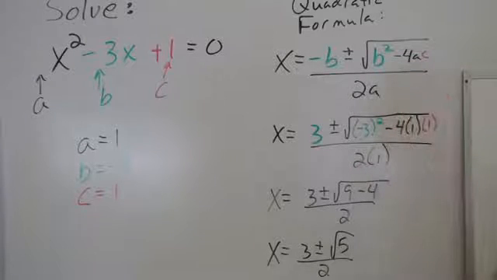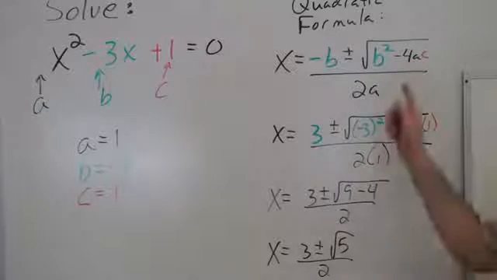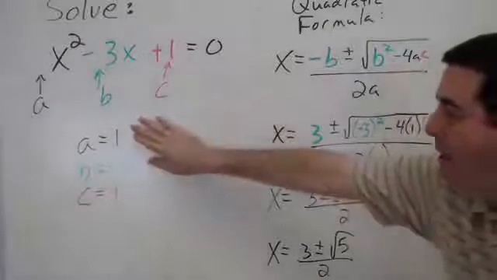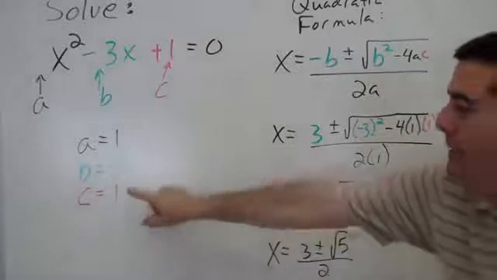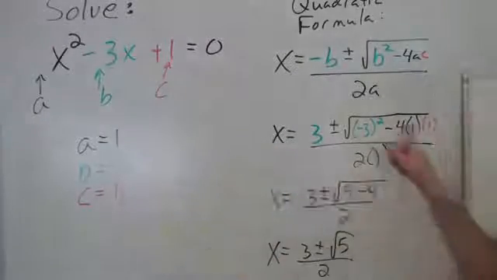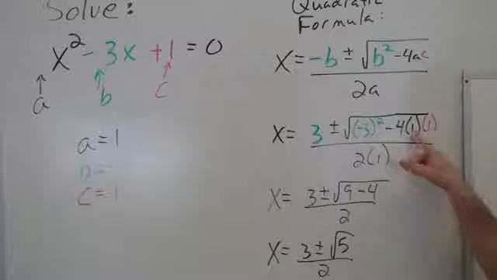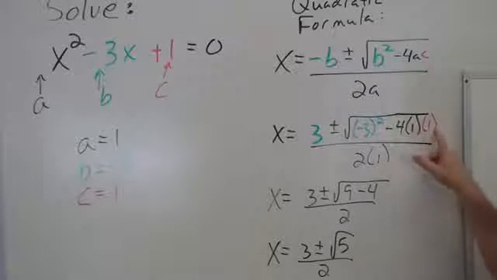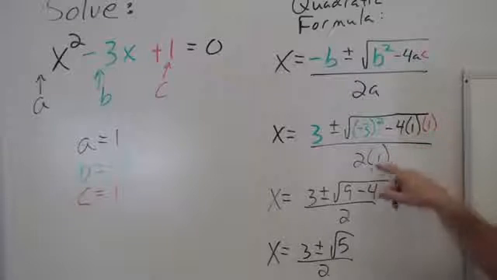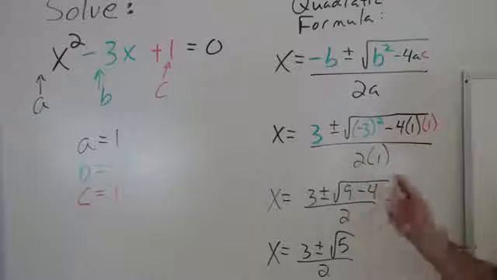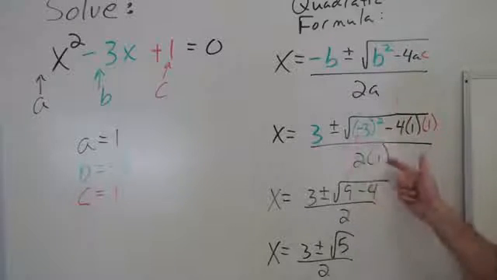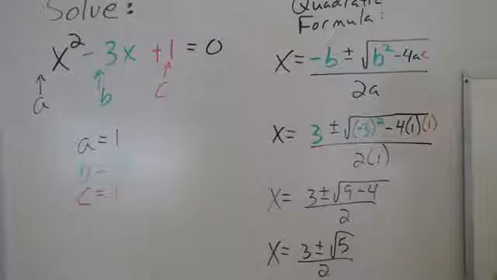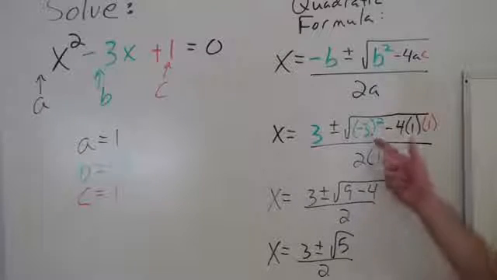The next part of our formula says minus 4 times a, which was 1, and then times c, which was also 1. So we've substituted the 1 for a and the 1 for c. Then the bottom of our formula says 2 times a, 2 times 1, just going to be a 2 on the bottom here.